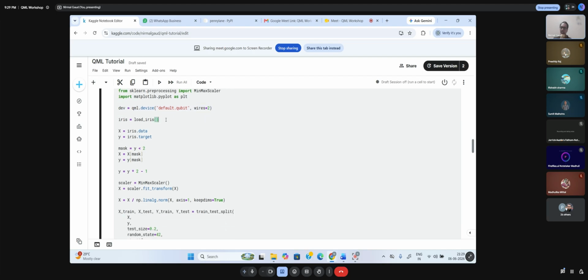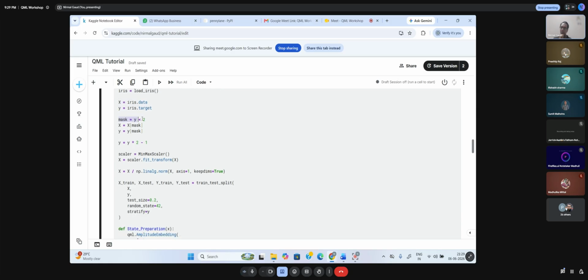Data I have loaded, x and y are there, and here I am doing a mask, y less than 2. Whatever the y output less than 2, X mask, y mask, and y equal to y squared minus 1.